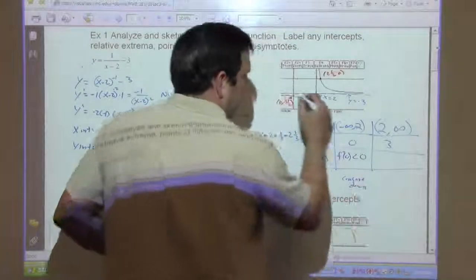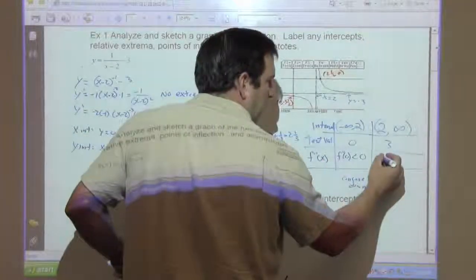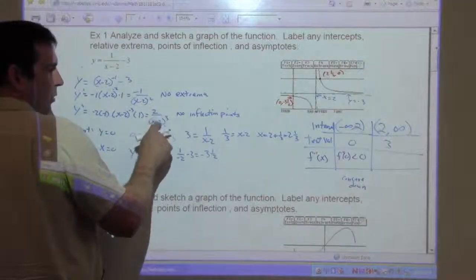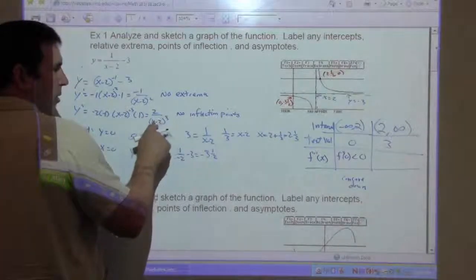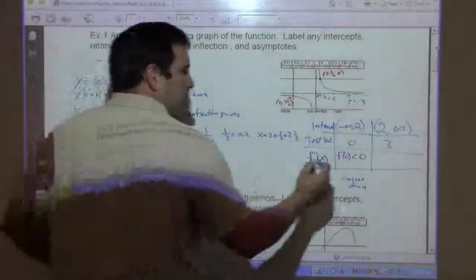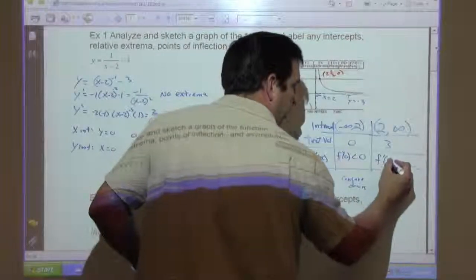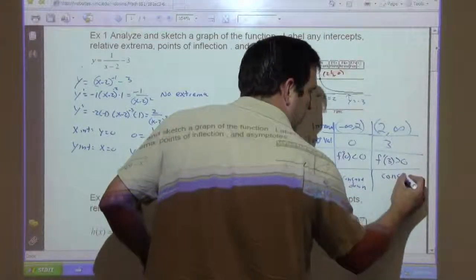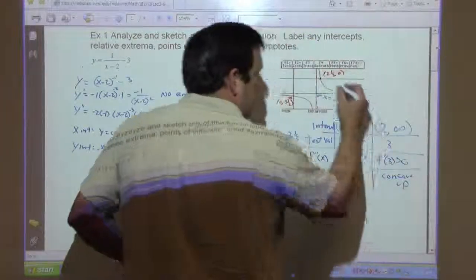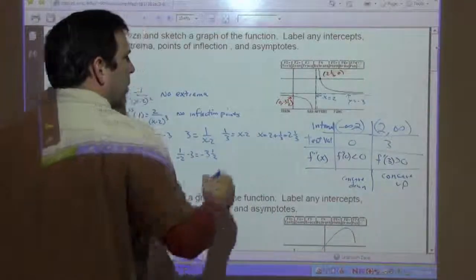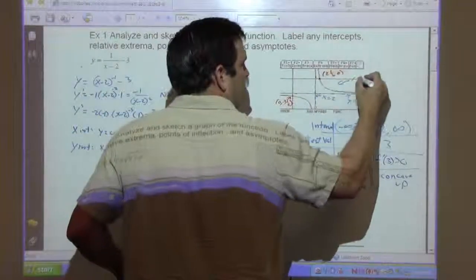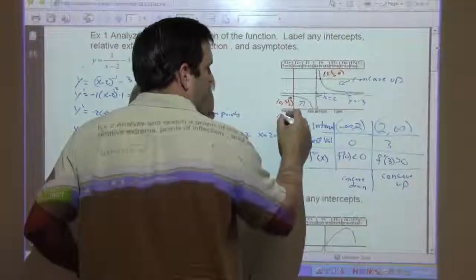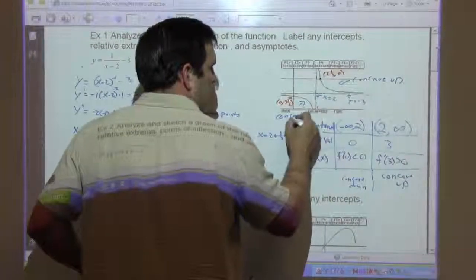As you might expect, this is concave down here. And then if you put in 3, you're at 2 over 3 minus 2 cubed. 3 minus 2 is 1, 1 cubed is 1, so that's going to be 2. That's positive. So f double prime of 3 is positive, which means we're concave up. Again, as you might expect from this graph. So we have concave up here, and here we have concave down.